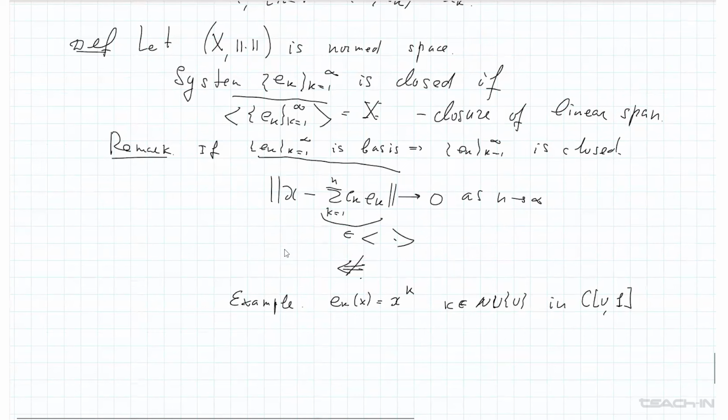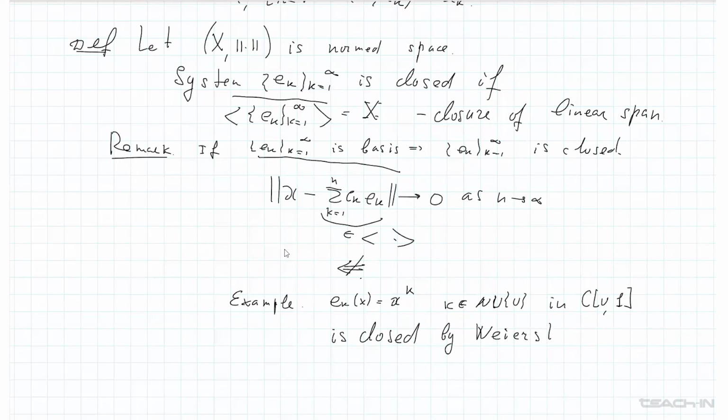By the Weierstrass theorem, it is closed, but not a basis. This is the difference between a closed system and a basis.